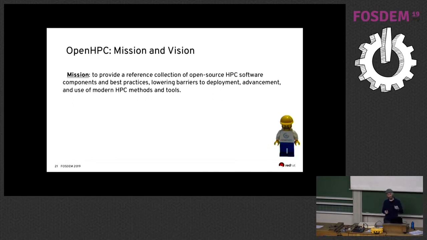It's more concrete. They want to provide a software repository. It's what I saw at first glance when I looked at the project. And it wants to provide best practices, so people who know how to run HPC systems will write down how you could do it if you set it up for the first time, or if you want to change something.